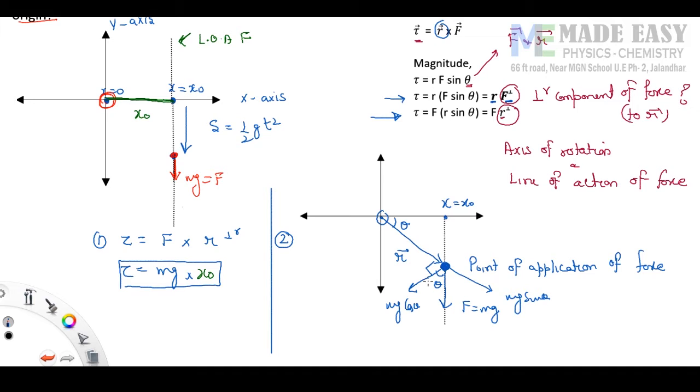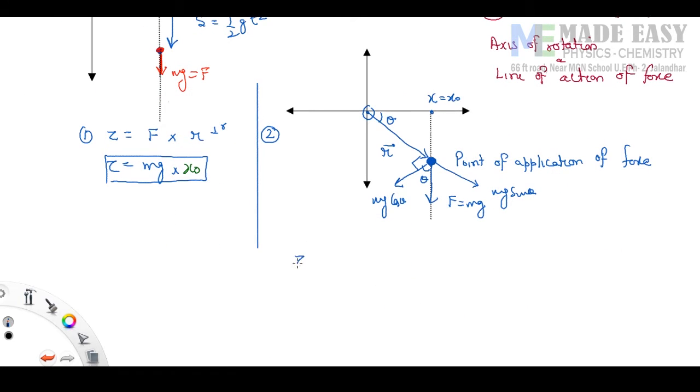This is the component of the force which is perpendicular to r vector. F perpendicular is component of force perpendicular to r vector. So torque can be written as r as such, F perpendicular, right?